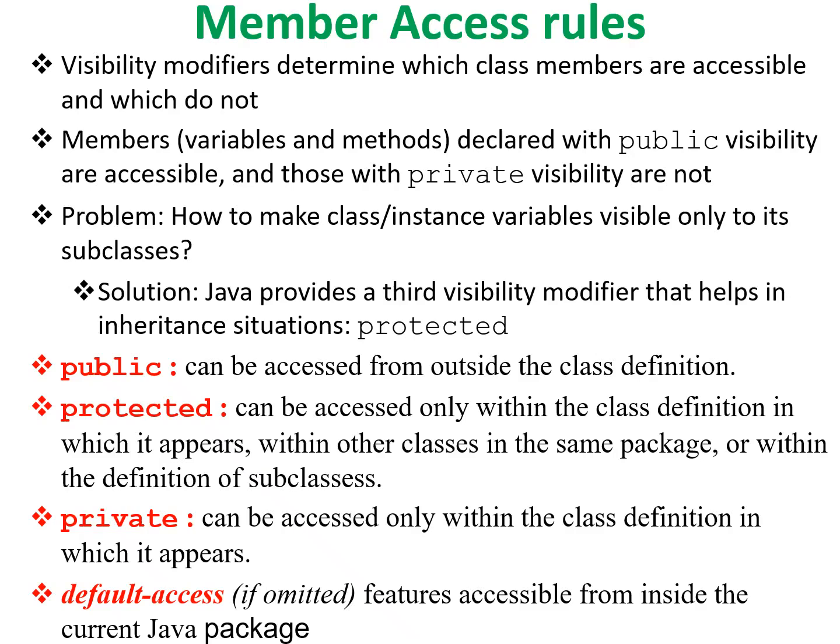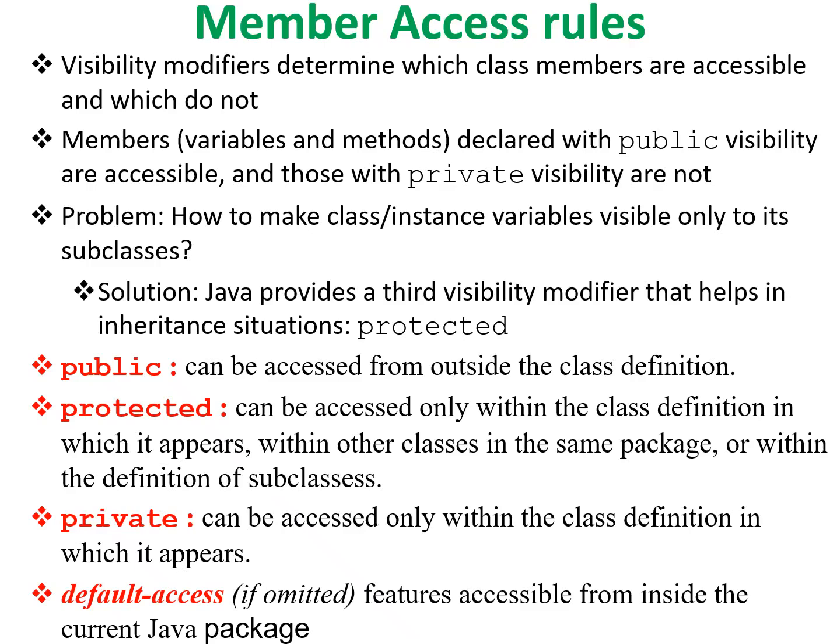Private can be accessed only within the class definition in which it appears. Default access: features are accessible from inside the current Java package. Public is accessible everywhere, private only inside the same class, protected gives access to the subclass, and default is accessible within the same package.